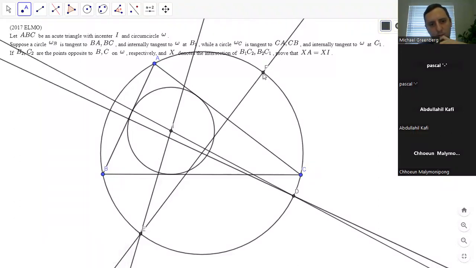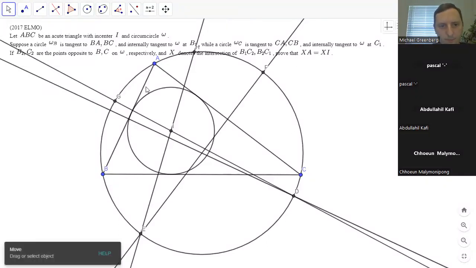And now I'm just confused. Wait, so this is one of the points of tangent C, and this is the other point of tangent C up there, right?